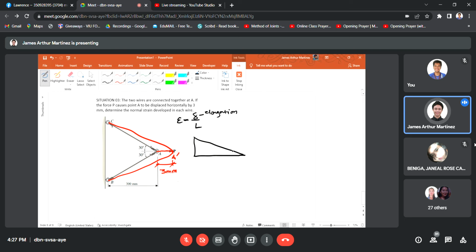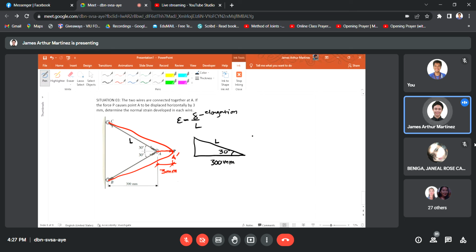So this is 30 degrees, and this is 300 millimeters. I will label this as L, the original length of your wire. So how do we determine L?